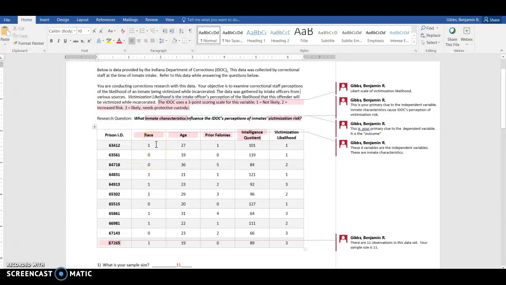These are common coded variables in criminological research, and it's just an effort to, what we say, control for one's particular race. But you cannot rank order them. It's just a designation of an individual's race. So that's important to remember that the 1 and the 0 have no mathematical property.